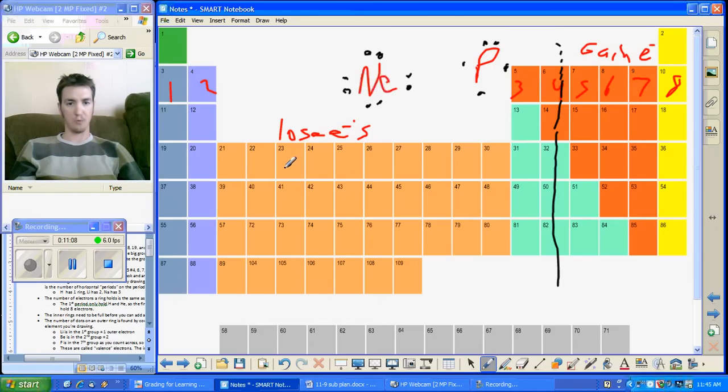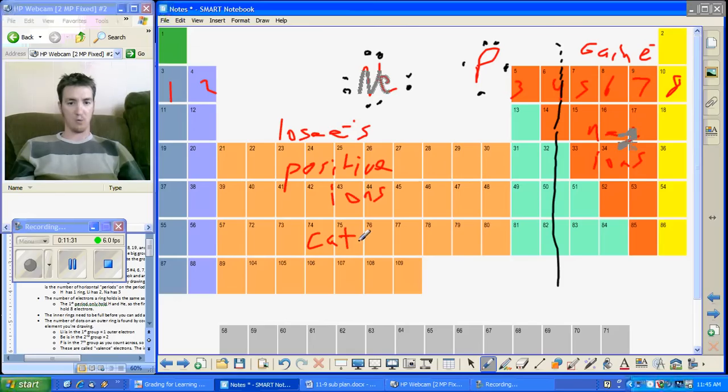If you lose electrons, you become positive. If they gain electrons, they will become negative. So you're looking at positive ions, an atom with a charge, and negative ions.